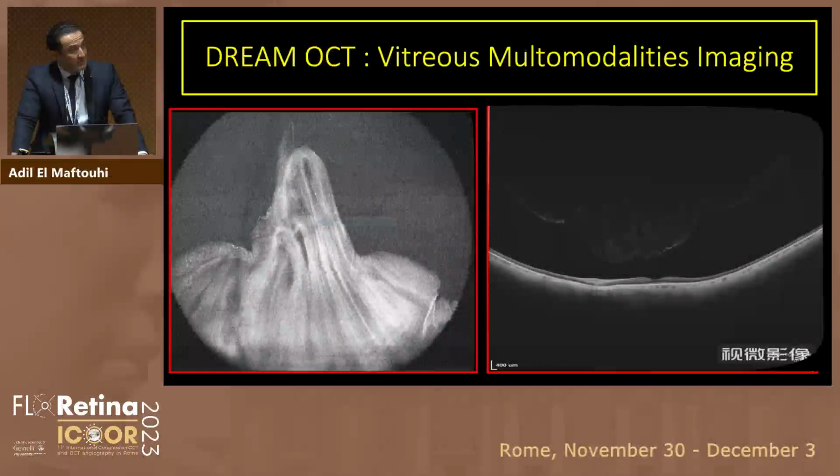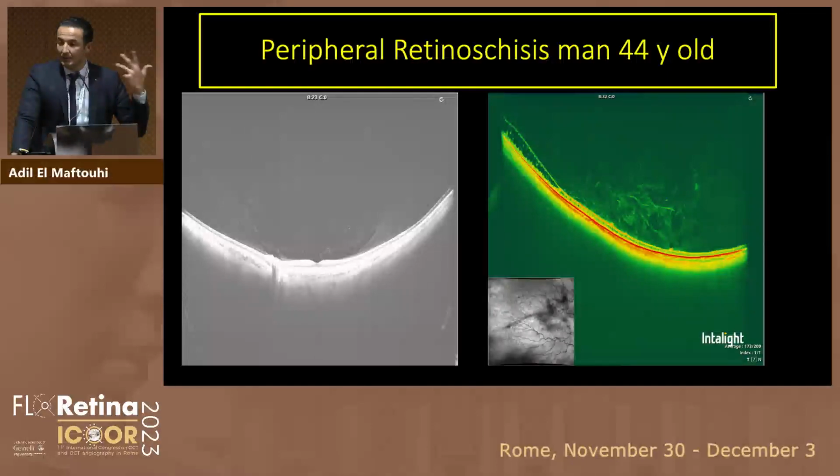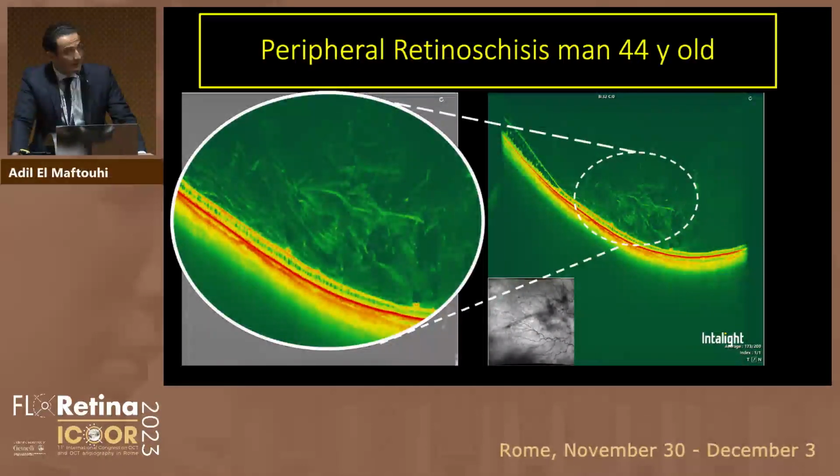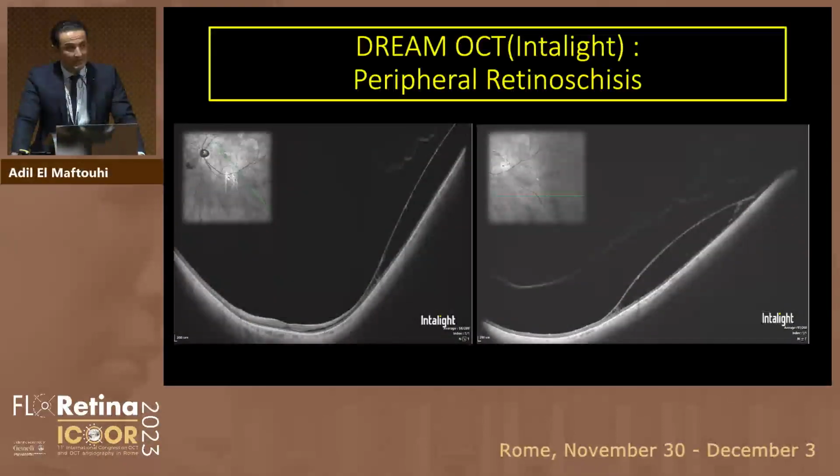Vitreous analysis is very useful to understand some retinal reactions in the peripheral area. In this case, you can see the anarchic direction of intravitreal fibers explaining the reaction of this plane retinoschisis.